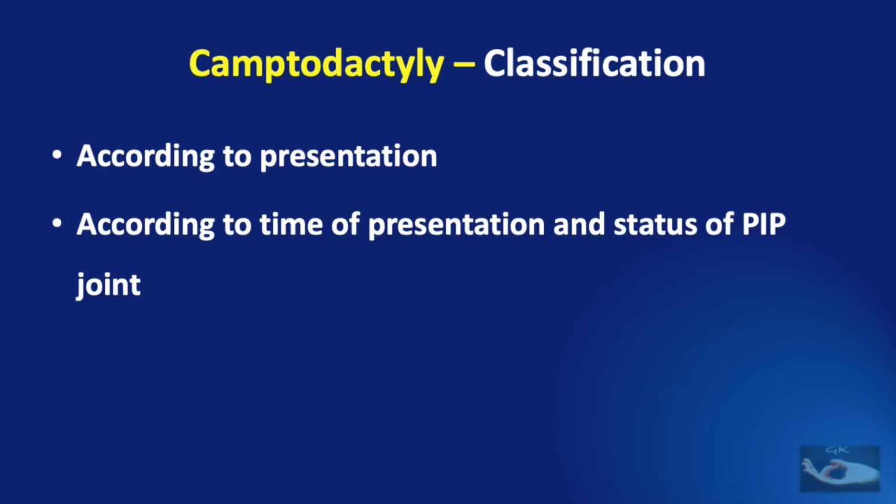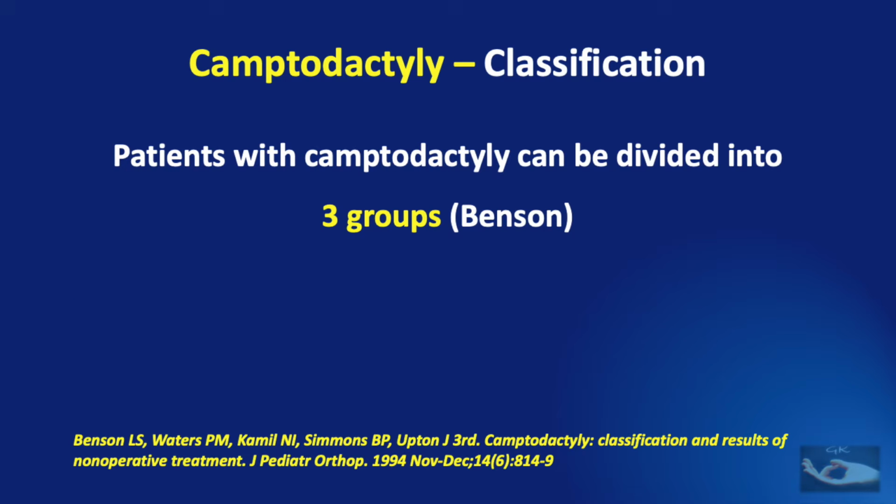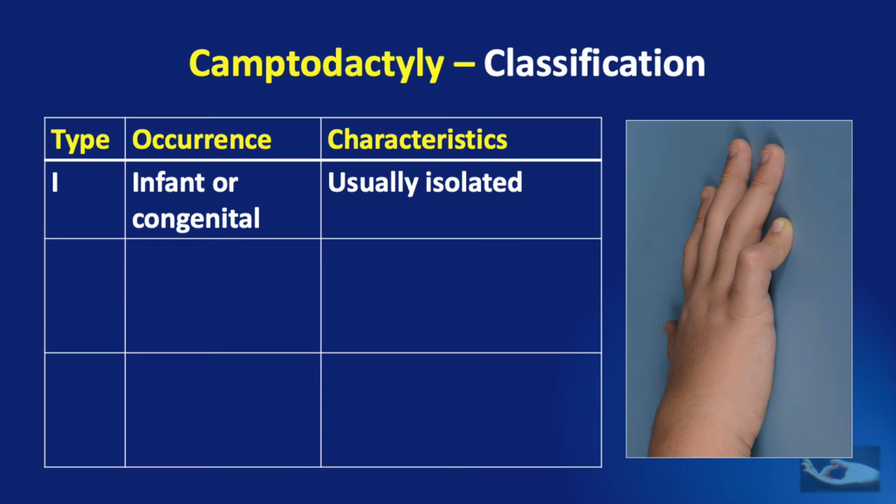proximal interphalangeal joint. According to the presentation, patients with camptodactyly can be divided into three groups according to the classification by Benson et al. The newborn male or female patient with camptodactyly of mostly the fifth or sometimes the fourth finger, and sometimes all fingers, comes under the classification of type 1.